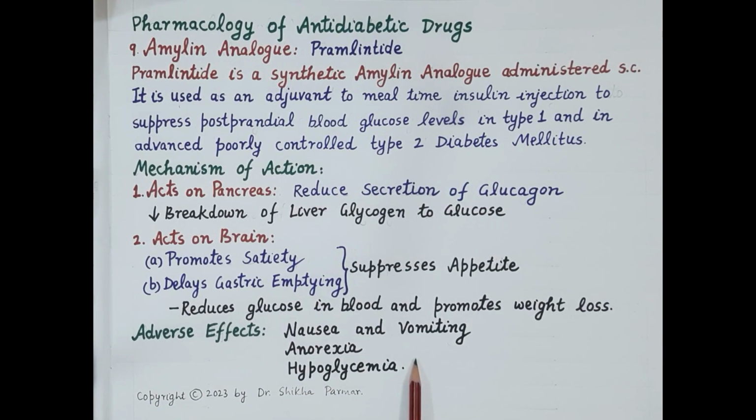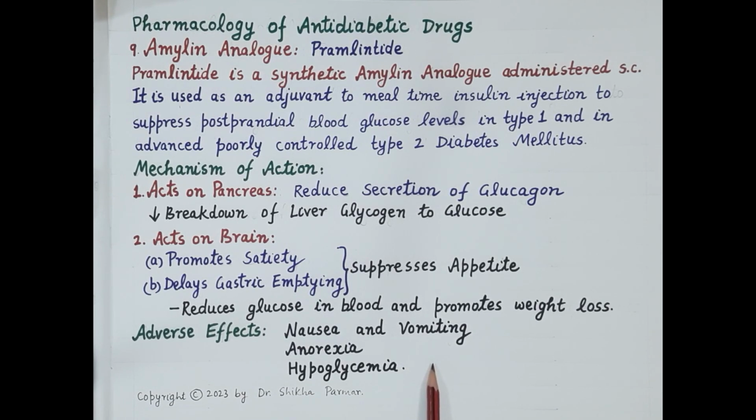So we have discussed in brief the pharmacology of almost all anti-diabetic drugs. Now, these anti-diabetic drugs are not recommended to be used during pregnancy or lactation, and none of these drugs except pramlintide should be used in the treatment of type 1 diabetes mellitus.